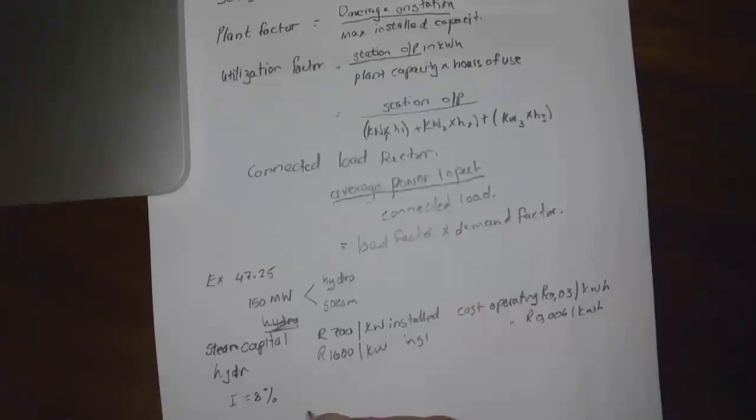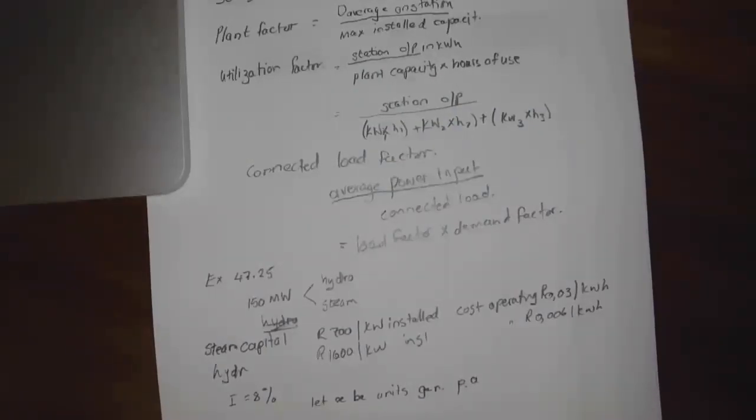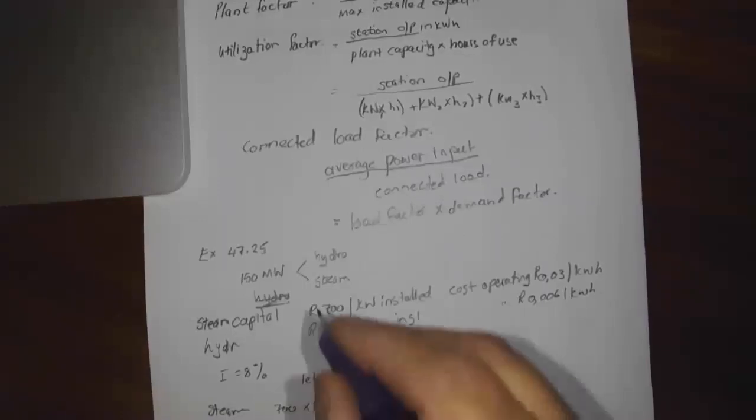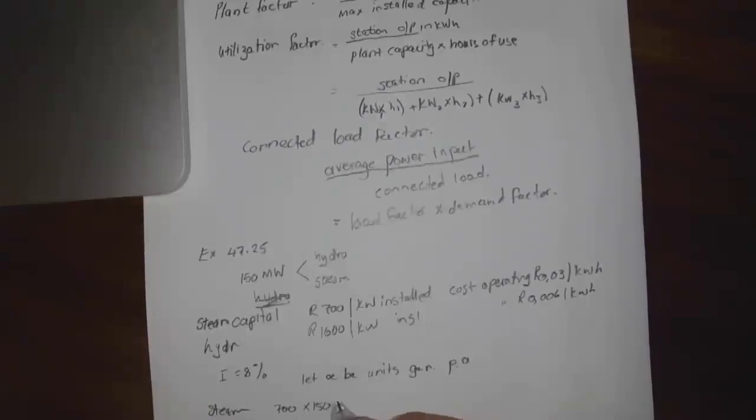Right, so let x be the number of units generated per annum. For the steam plant, we're going to have 700 times 150 for that megawatt.